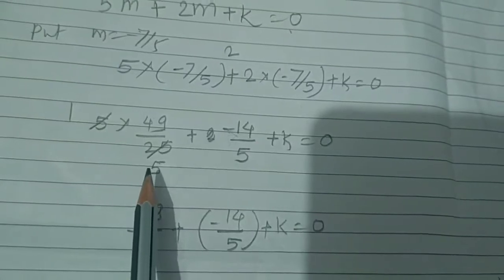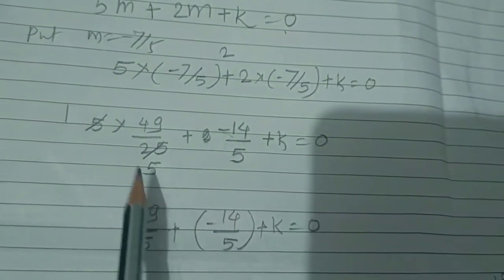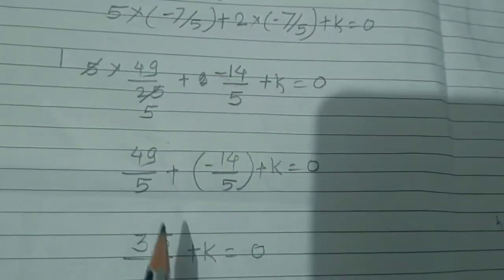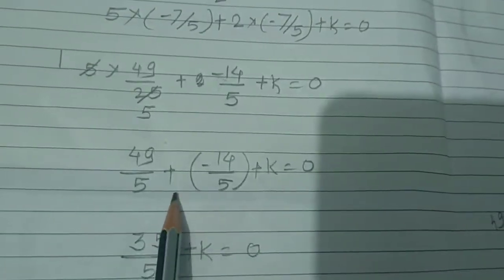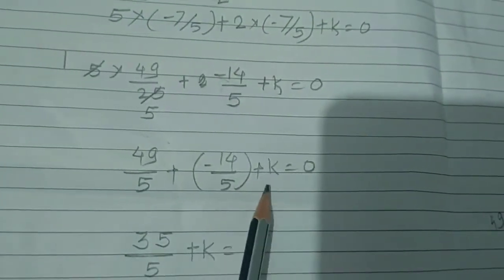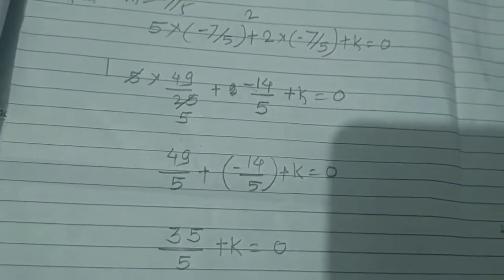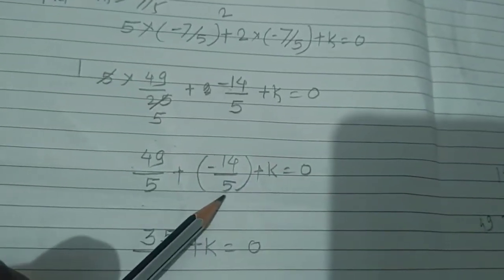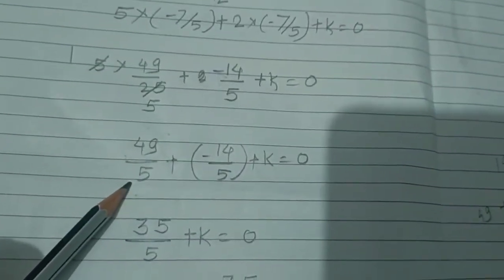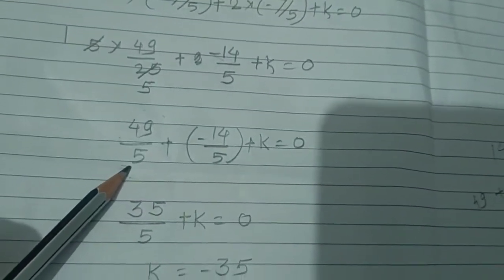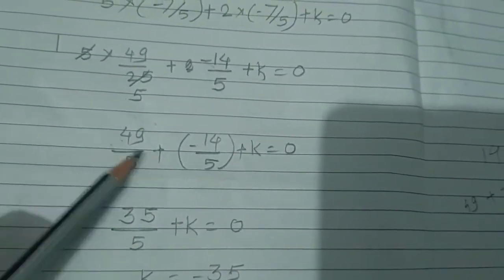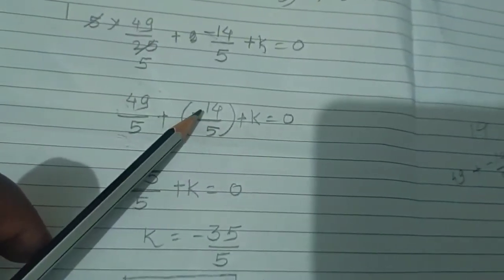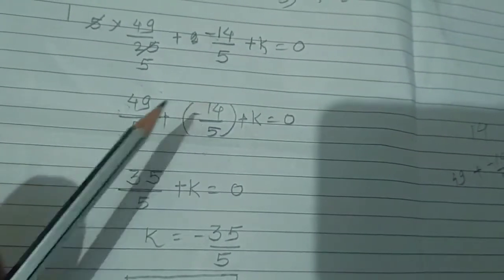Here we can cancel that 25 with 5. We get 5 here, 5 fives are 25. That's why we get 49/5 plus minus 14/5 plus k is equal to 0. In the case of these two fractions, 49/5 and 14/5, the denominators are the same, and that's why we can do addition or subtraction here. Here 49 minus 14, we just have to do subtraction, because when two numbers have different signs, we have to do subtraction.